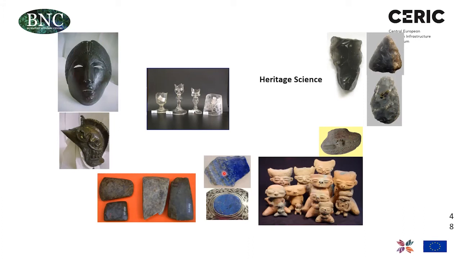The next example is a set of Inca ceramics. There was one exercise where we had the challenge to differentiate between ceramics made on an island and another set which was made on the mainland of Colombia.